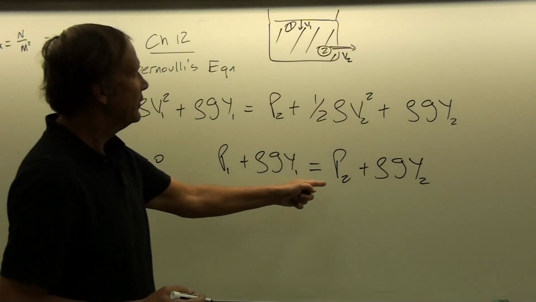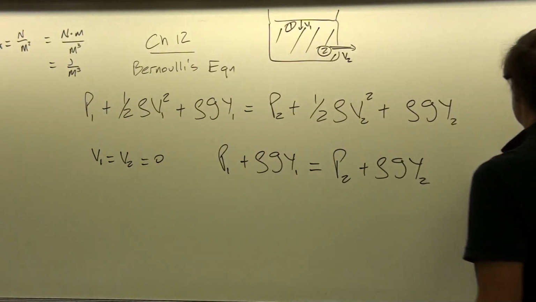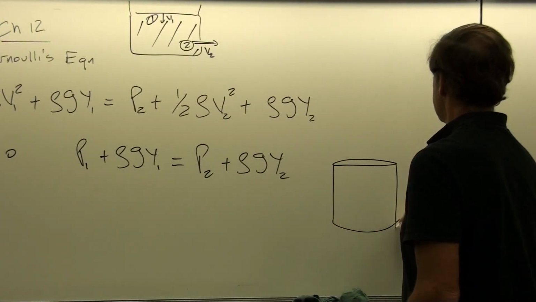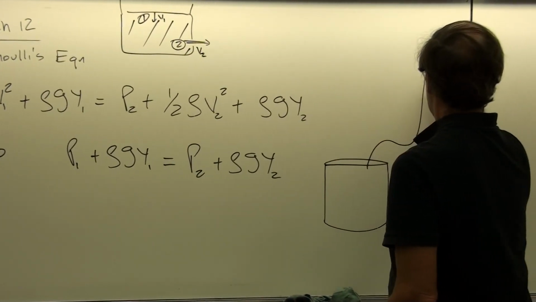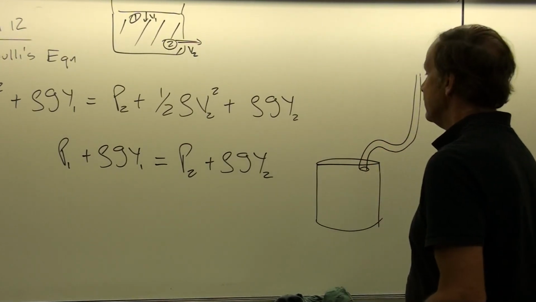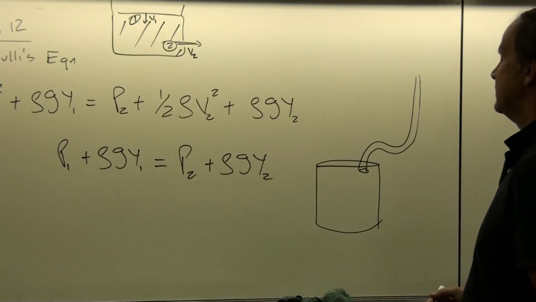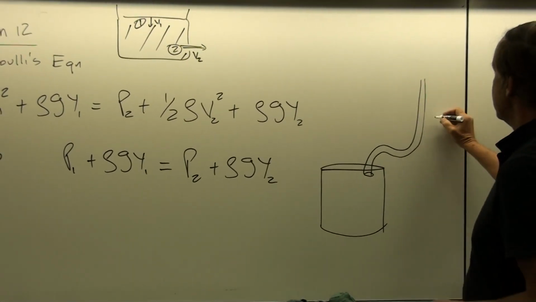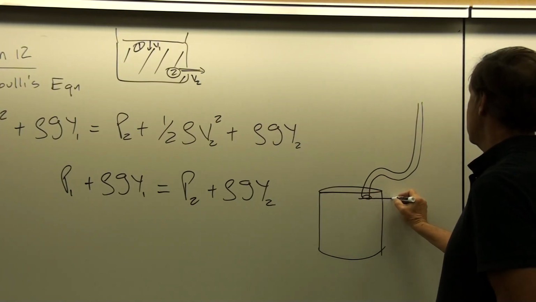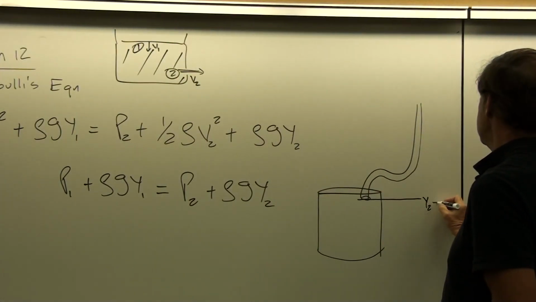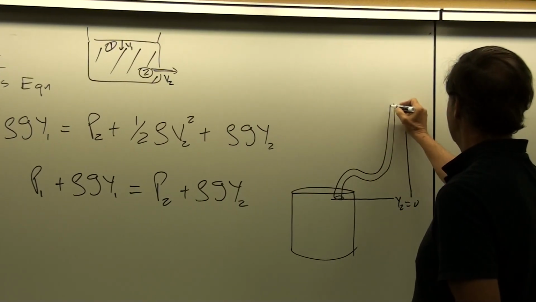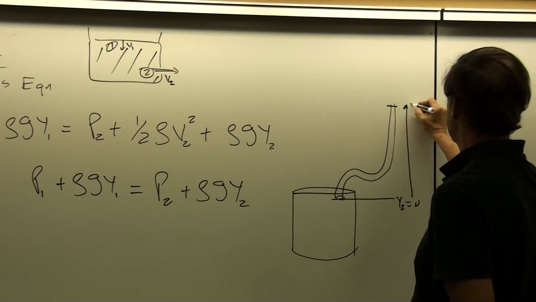Okay, and so for this problem, let's look at an example where we are sucking water out of a straw. Okay, so we learned before that the pressure is only related to the height of the fluid column. And so we could call this point here y2 equals 0, just as if this were like an energy problem. And then this top point in the fluid is what we could call y1.